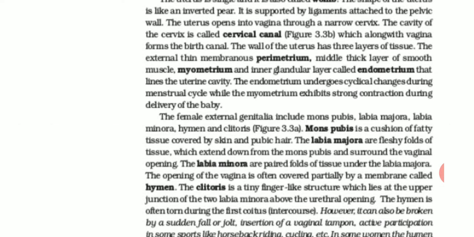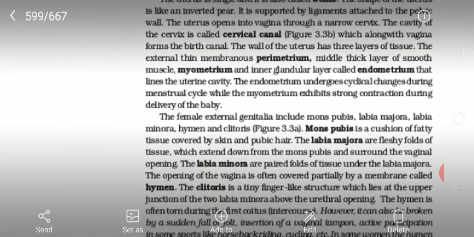इसमें glands present होंगी that secrete something. As we talked, कुछ hormones secrete होते हैं. ठीक है. So hormones are secreted by this layer called endometrium that lines the uterine cavity.